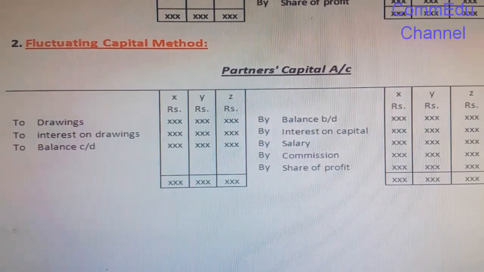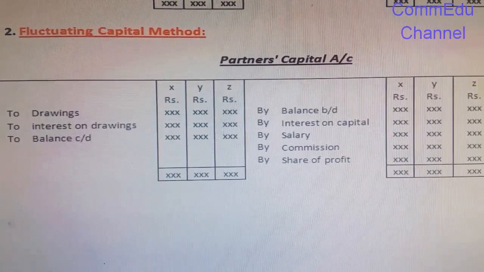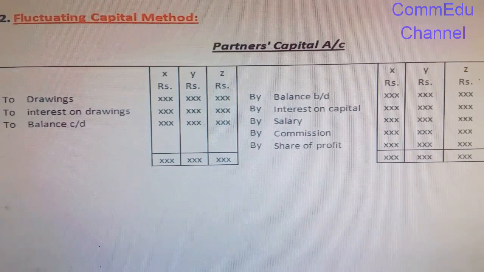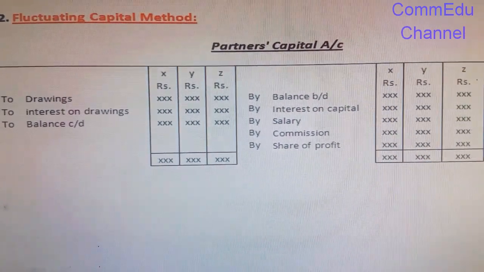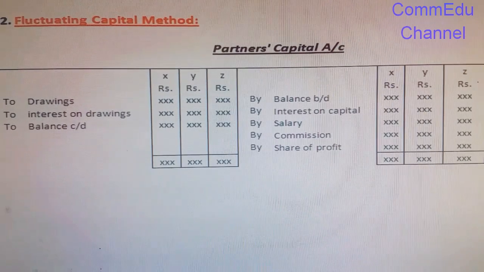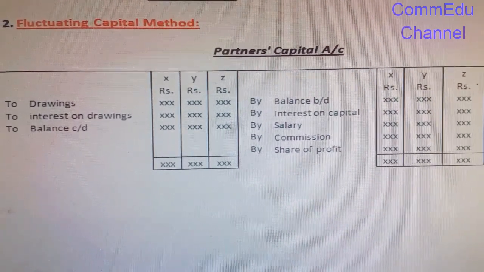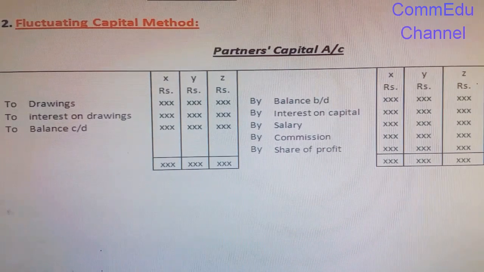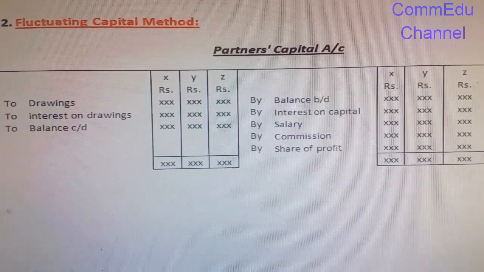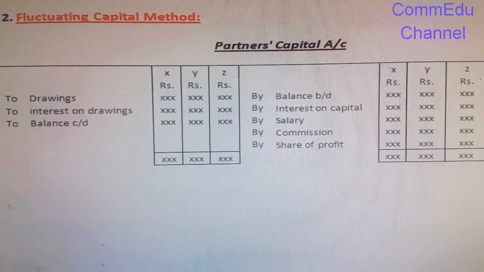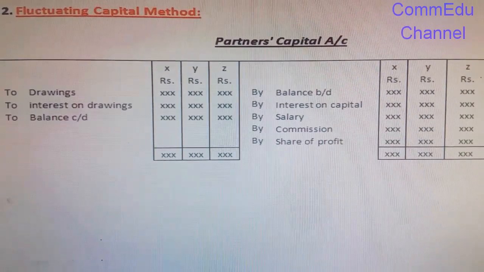Under fluctuating capital method, the capital account of a partner does not remain at its original balance but fluctuates quite frequently. The reason is that all adjustments in respect of drawings, interest on capital, interest on drawings, salary or commission to partners, share of profit or loss, etc. are made directly in the capital account itself.